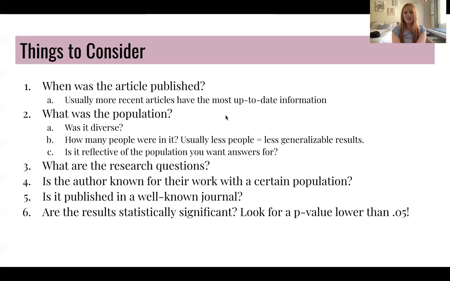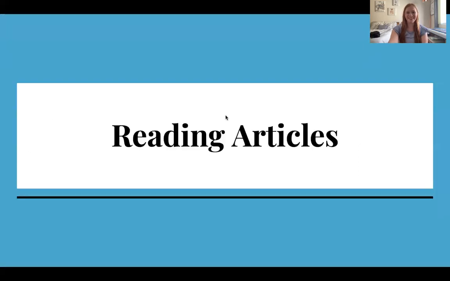And so you're always going to be looking for a p-value lower than 0.05, and that's going to be in the results section. So if you want to skim through the results, look for the p, and it'll tell you. If it's less than 0.05, then that's probably going to be a more reliable study than a p-value with a really high number. Hopefully that made sense. My words weren't coming to me.